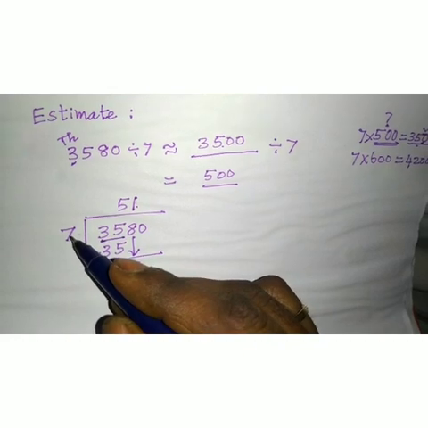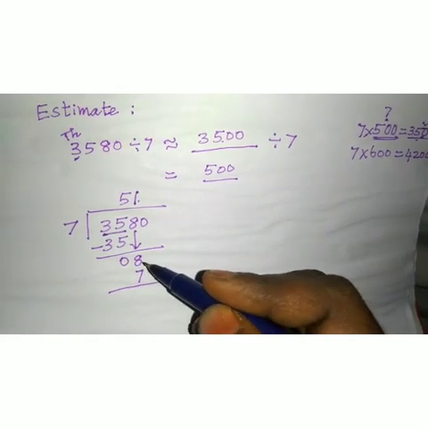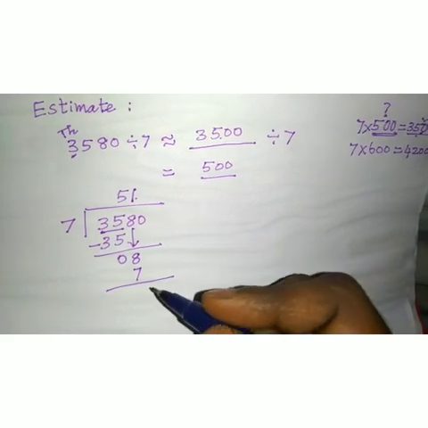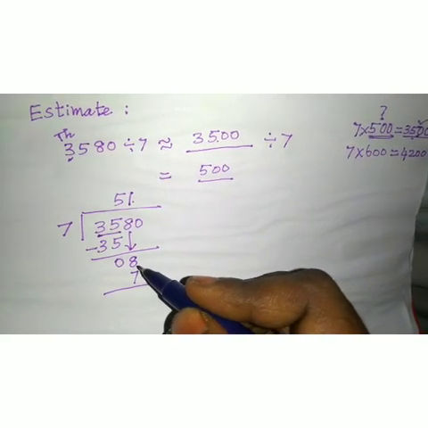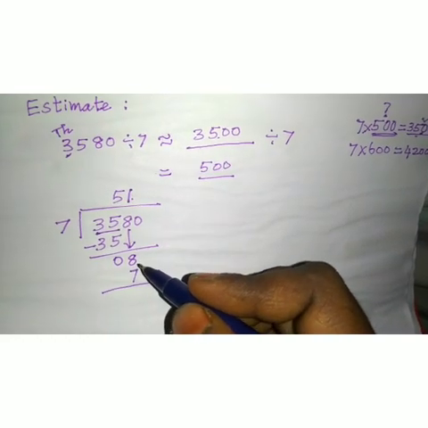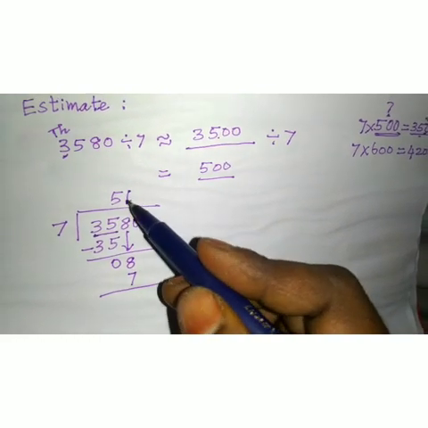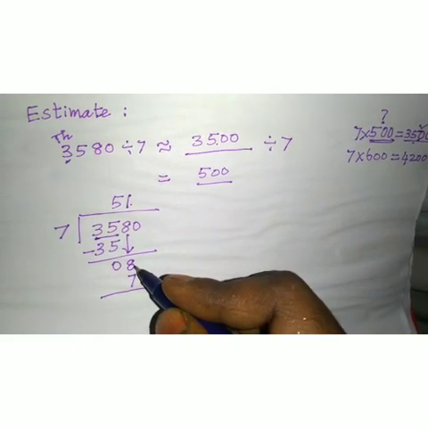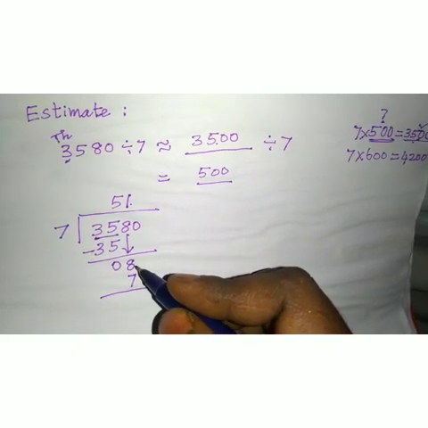You cannot write 14 because you cannot subtract 14 from 8. So you have to consider 7 ones are 7 only. Always the number should be equal to the above number or less than the above number.